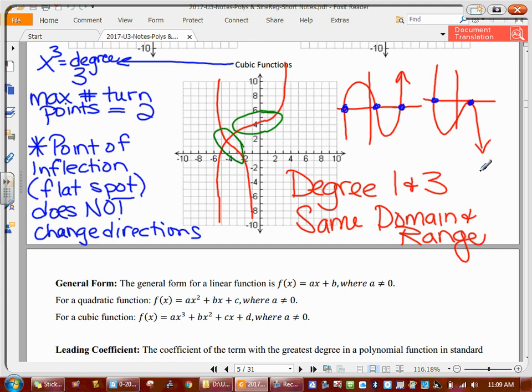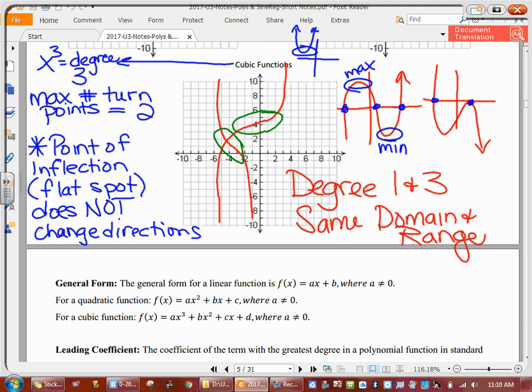So when we've got a quadratic, if I were to show you a quadratic, I'll just draw a teeny one here, it will change directions once. So you're only going to have a minimum point, and there's only one of them. However, with a cubic, it changes directions twice. So you're going to have a maximum and a minimum in almost every cubic function.